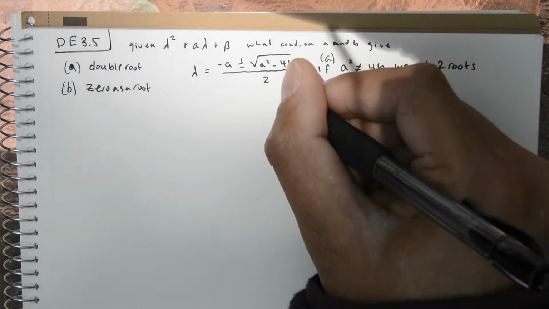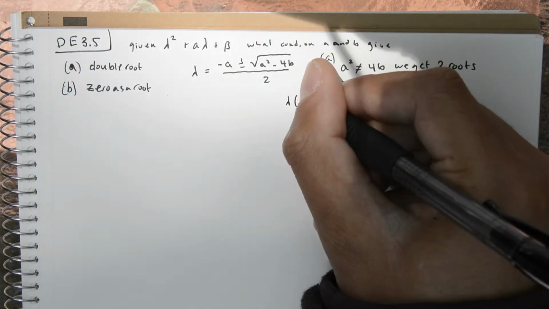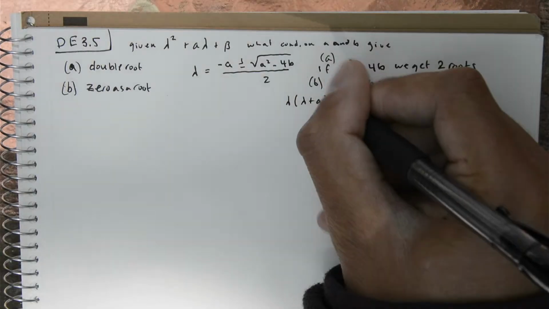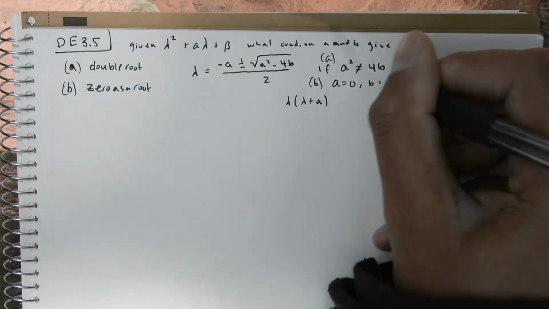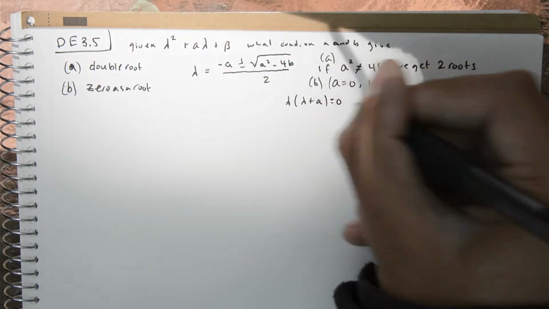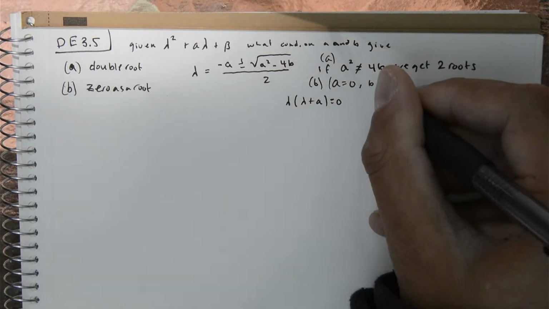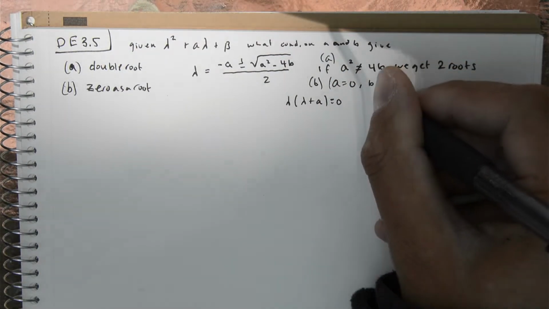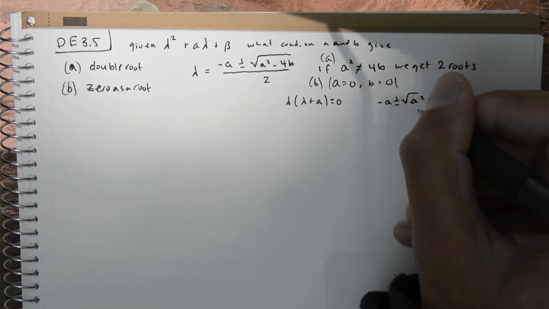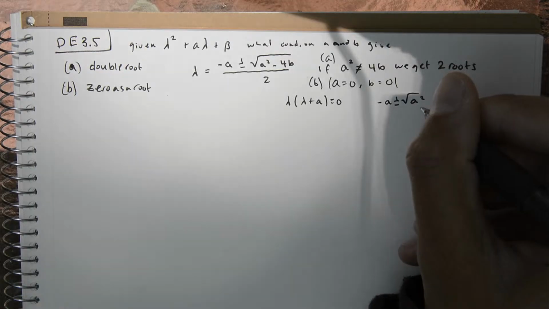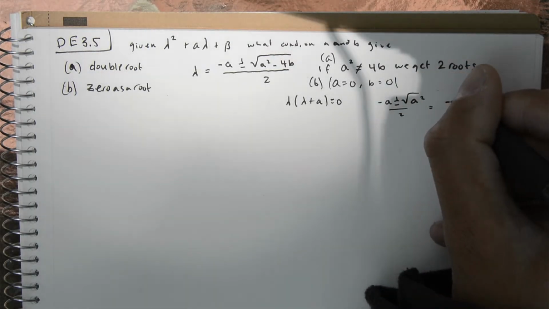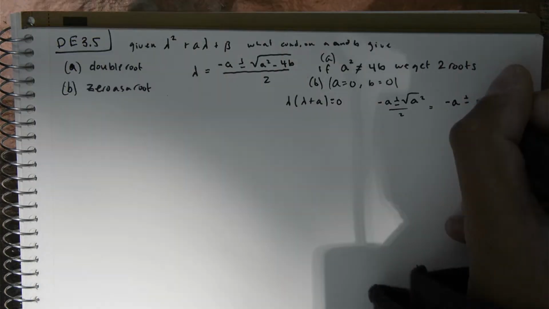Because I know that we could do lambda... Okay, so if B is 0, this is like the easiest one to find. So if A is non-zero, then we get minus a plus or minus square root of a squared over 2, which is equal to minus a plus or minus a.